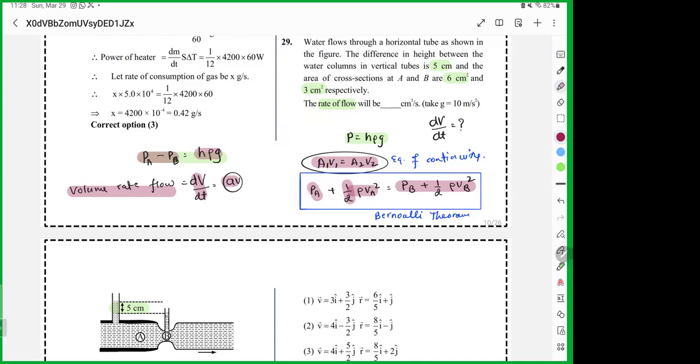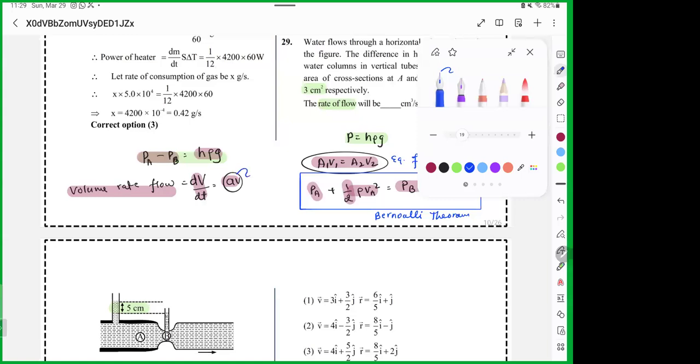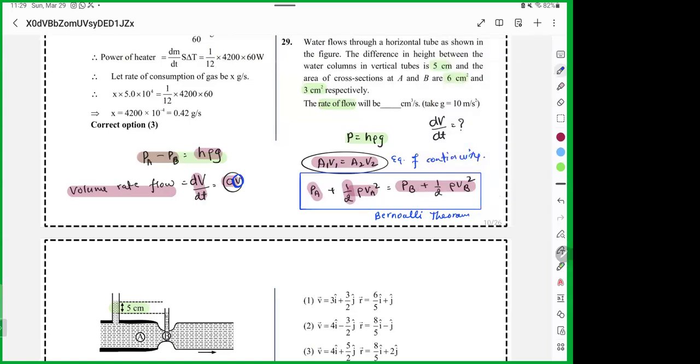If you want to calculate volume flow rate, it will be decided from the A side. So you know area of A is already known. You need this velocity. This velocity you can calculate from here.